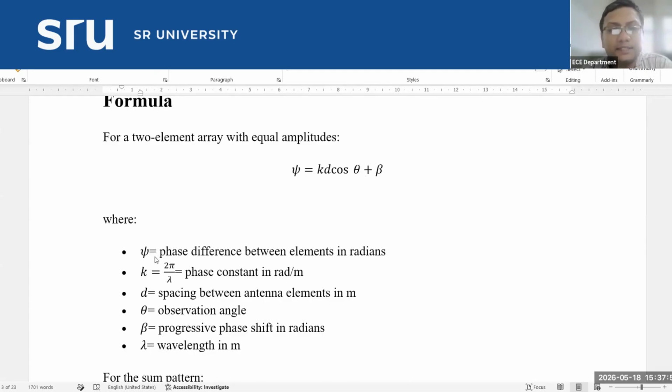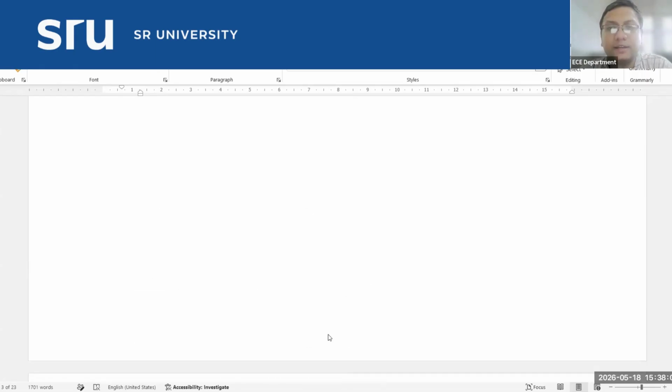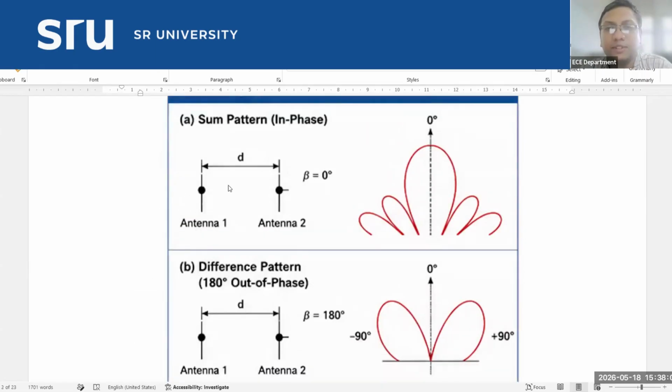Psi is the phase difference between elements in radians. K, you know, is called the phase constant, or 2 pi by lambda, and the unit is radian per meter. The d is the spacing between the two antennas. In this diagram, these two antenna elements are at a distance of d.